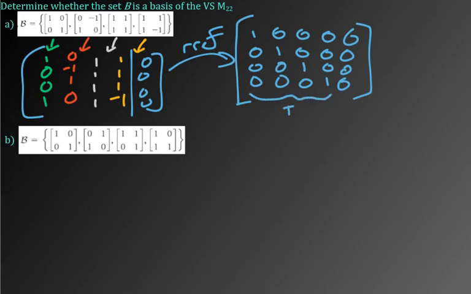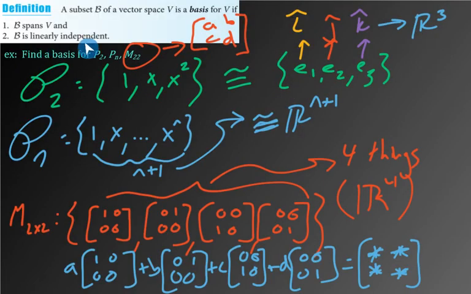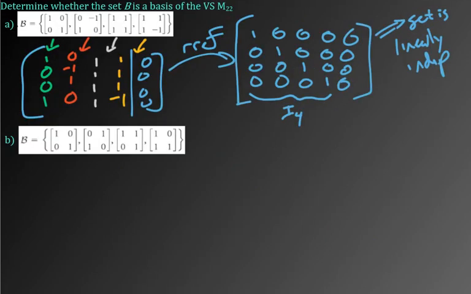And so that part implies that the set is linearly independent, okay? That shows item 2 here, and you need to show that it spans it, okay?